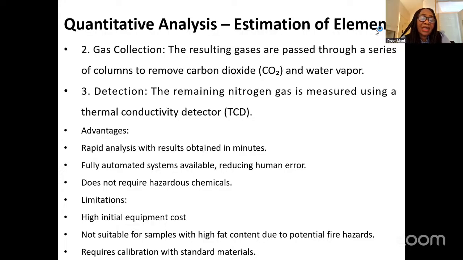Limitations are that its equipment is very costly at the initial stage, it's not suitable for samples with high fat content due to potential fire hazards, and it requires calibration with standard materials.